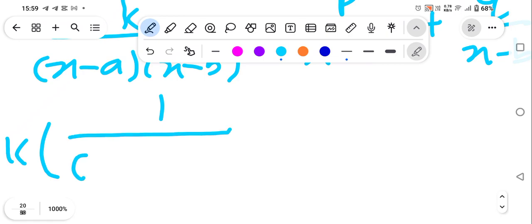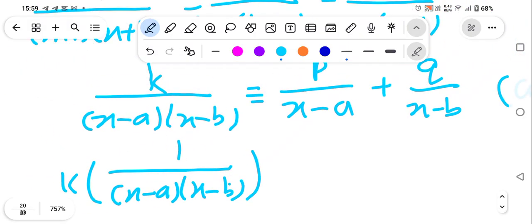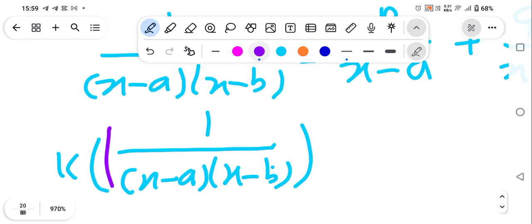So this will now look like this: x minus b. And since we factorized k out, we're going to focus on this. Let's focus on this.